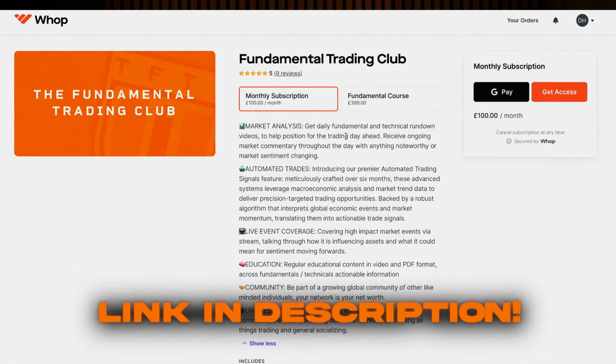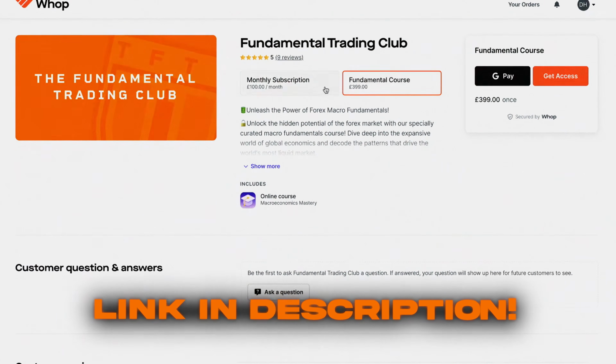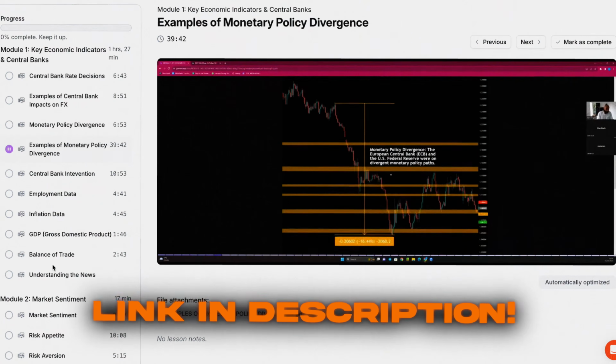Now, there's various strategies that you can trade fundamentals with. I go into serious detail in my in-depth fundamental course, so the link is in the description. I like to trade supply and demand, particularly, as one of my main strategies with fundamentals. I'm looking at those key zones, marking up those big zones where we're looking for buyers to come into play, demand zones, and also supply zones where we're looking for sellers to come into play.